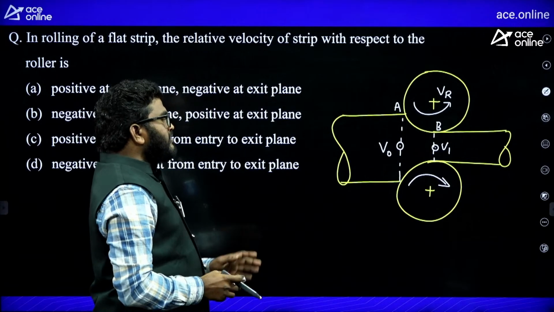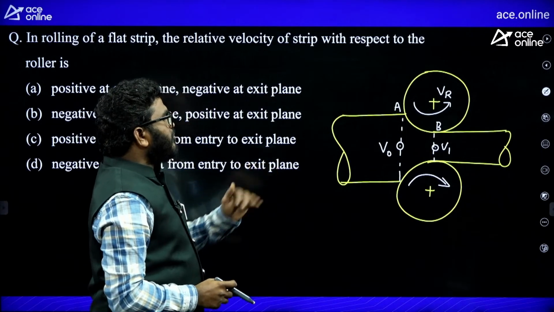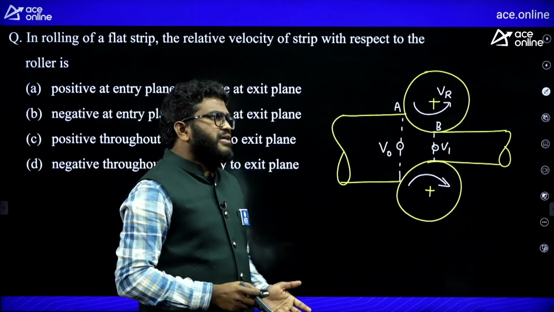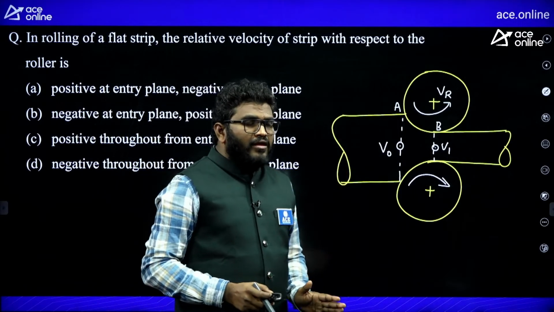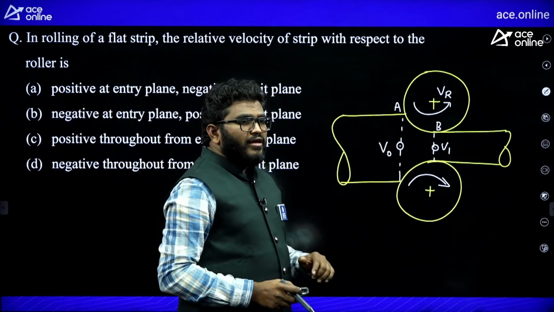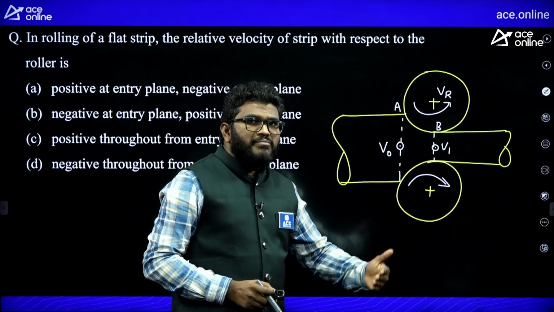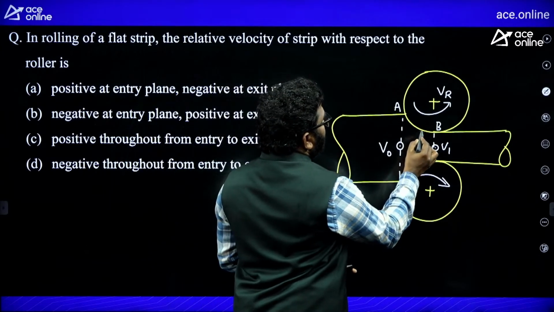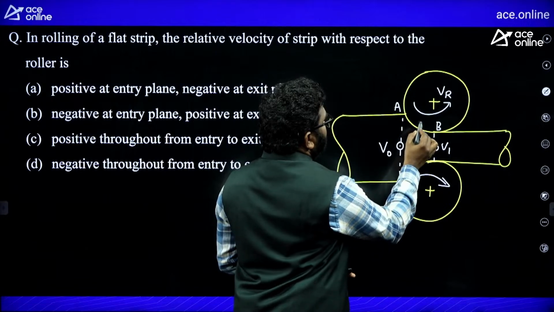Now listen, in the deformation zone from A to B, the velocity of the strip keeps on increasing. There is a minimum velocity at entry, and the velocity keeps on increasing because the deformation is going on. And at the neutral plane, the velocity of the strip is equal to the velocity of the roller.